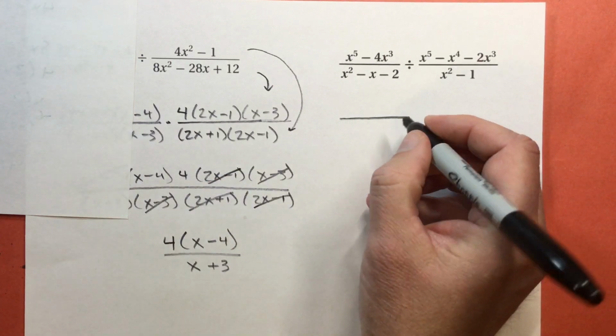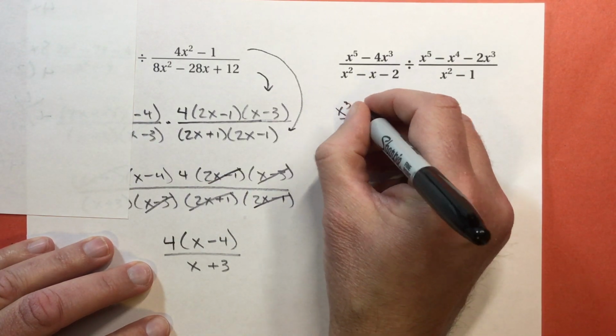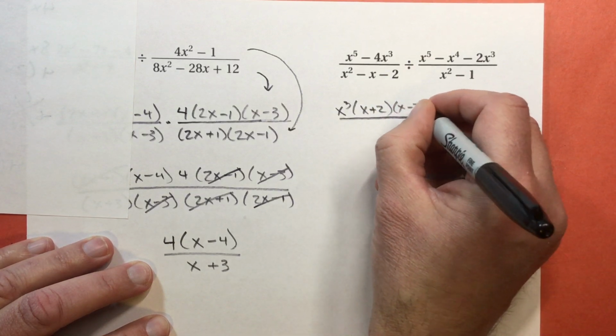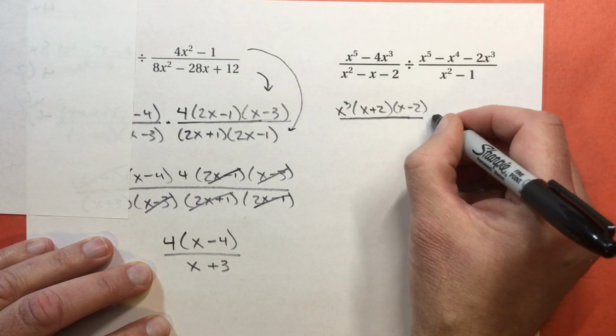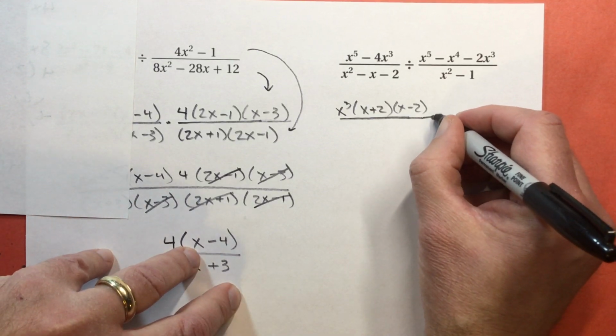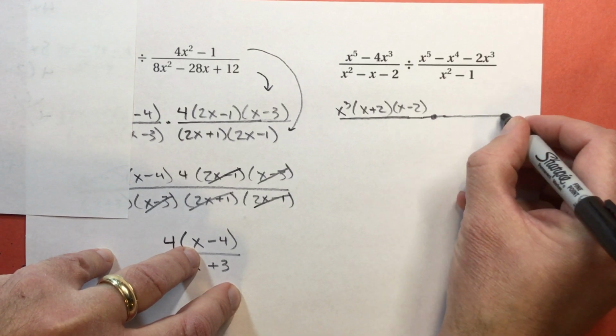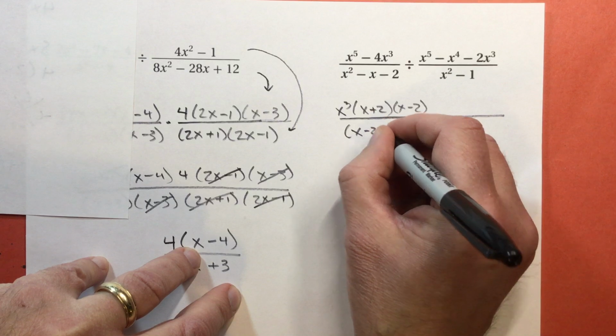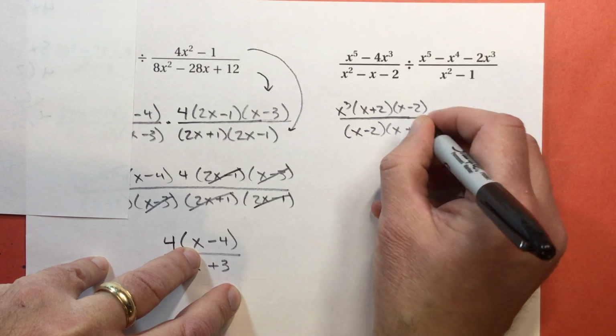Hopefully I got enough room. I got x to the 3rd times x plus 2 times x subtract 2. And this one was x subtract 2 times x plus 1.